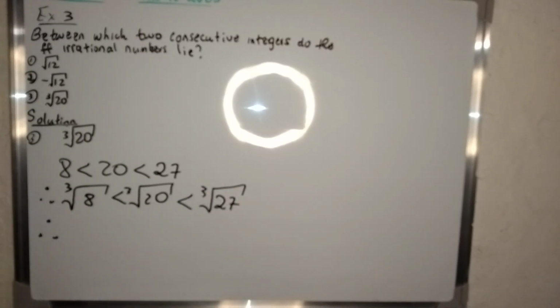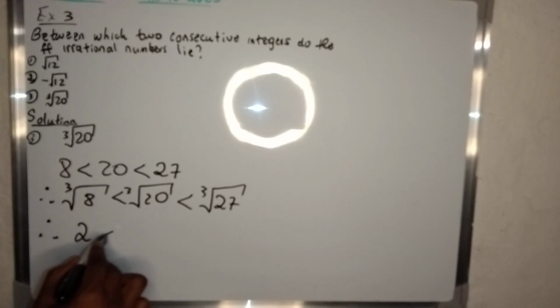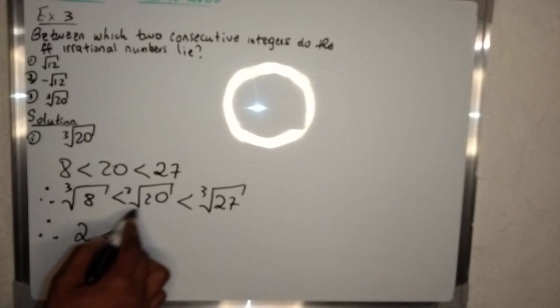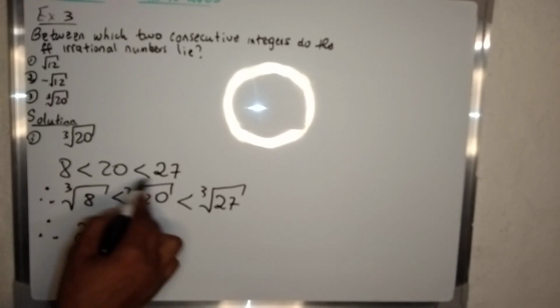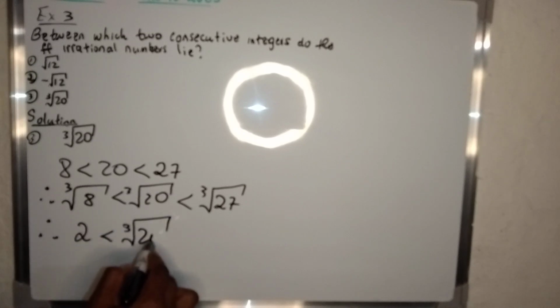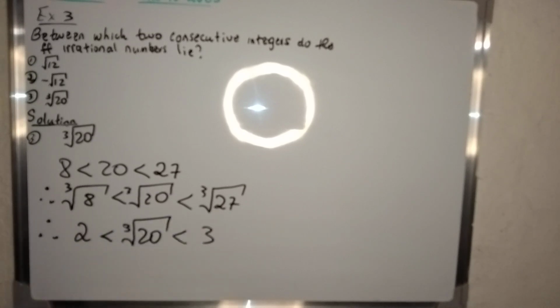All right, and now we have already checked them: the cube root of 8 is definitely going to give us 2, and the cube root of 27 is going to give us 3. So this one we just drop as it is, you don't do anything here. Cube root of 20 is less than 3.